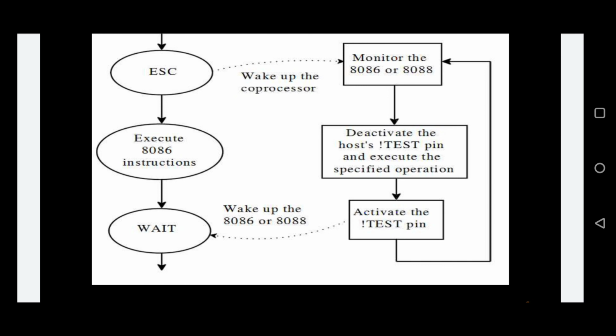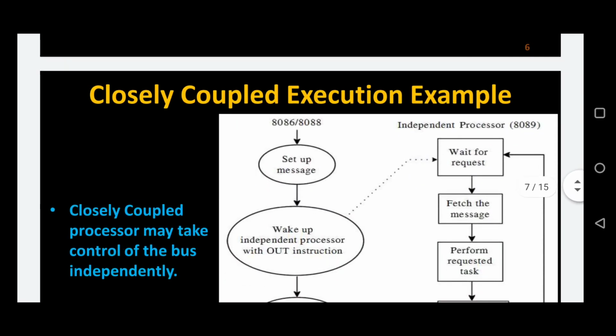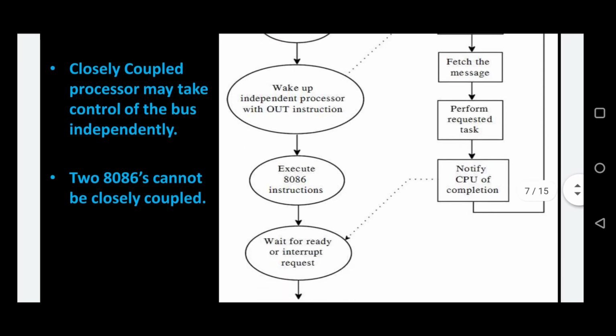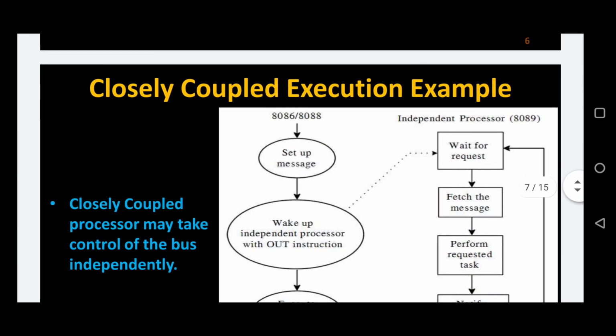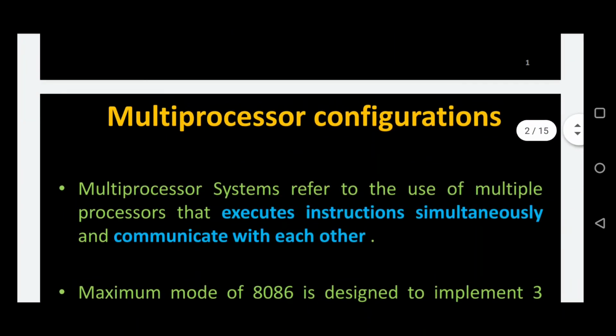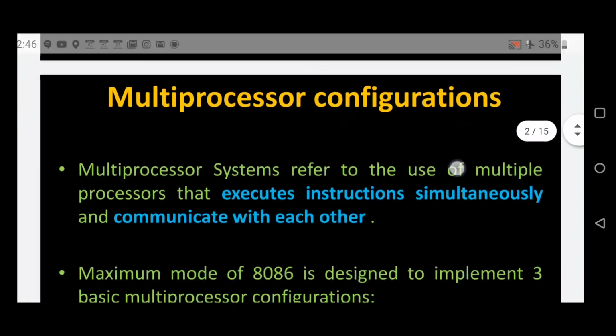Based on the test pin, the processor will execute the instruction or stop the execution. In the closely coupled configuration, we use some out instructions and some ready or interrupt request signals. The 8089 is your input output processor. So that is the multiprocessor configuration.